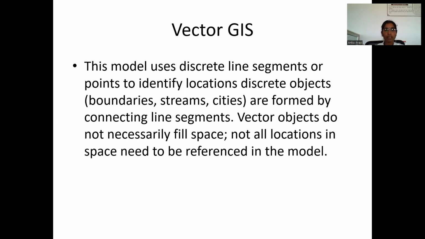Vector GIS. This model uses discrete line segments or points to identify locations. Discrete objects are formed by connecting line segments. Vector objects do not necessarily fill space. Not all locations in space need to be referenced in the model.